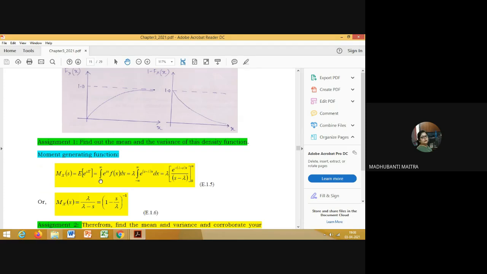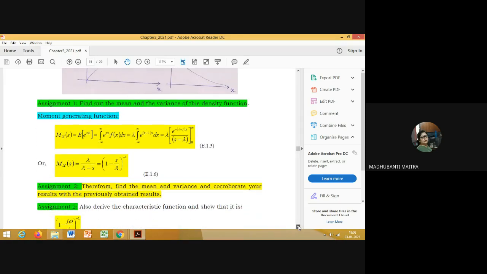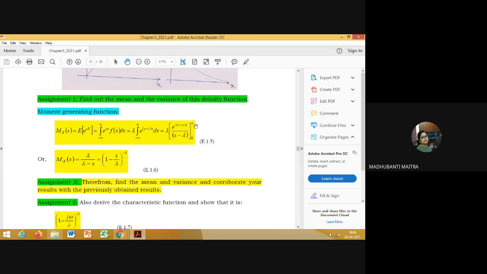Actually, the lower limit will come out to be 0. That is equal to the integral of e to the power sx f(x) dx. That means lambda times the integration from 0 to infinity of e to the power (s minus lambda) x dx. If we put the limits 0 and infinity, then the moment generating function will be equal to lambda by (lambda minus s). Please check this one.